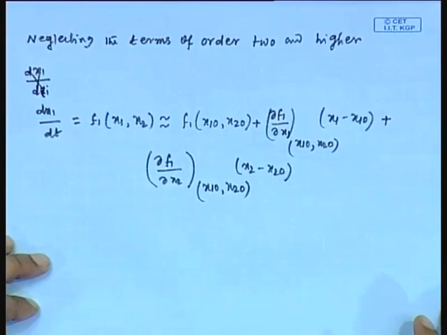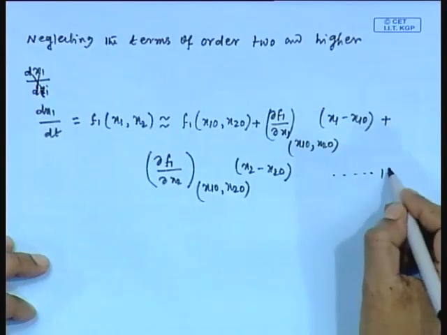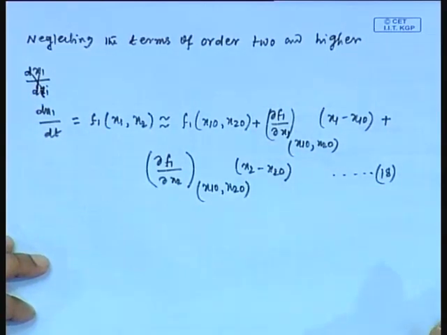This is the linearized form, by neglecting the terms of order 2 and higher. We will use equation 18 for this equation.